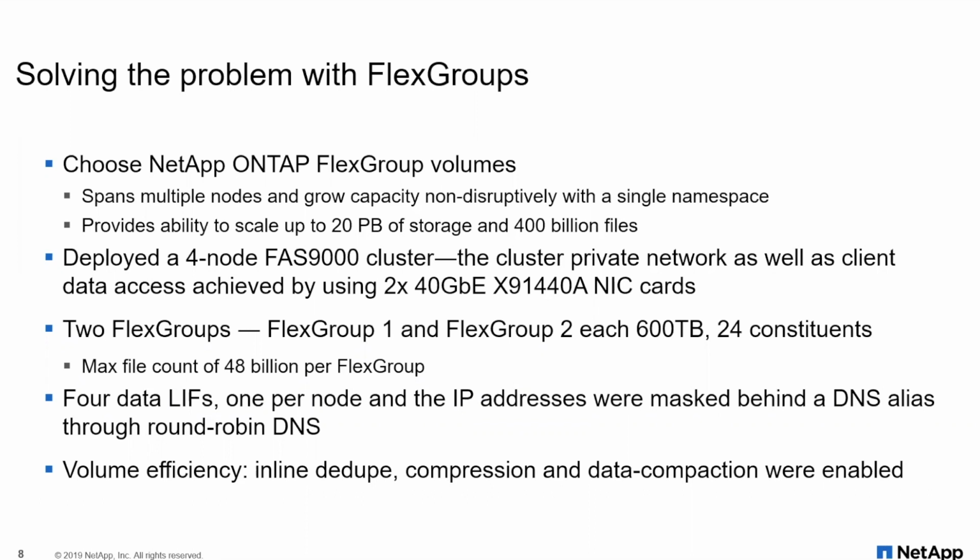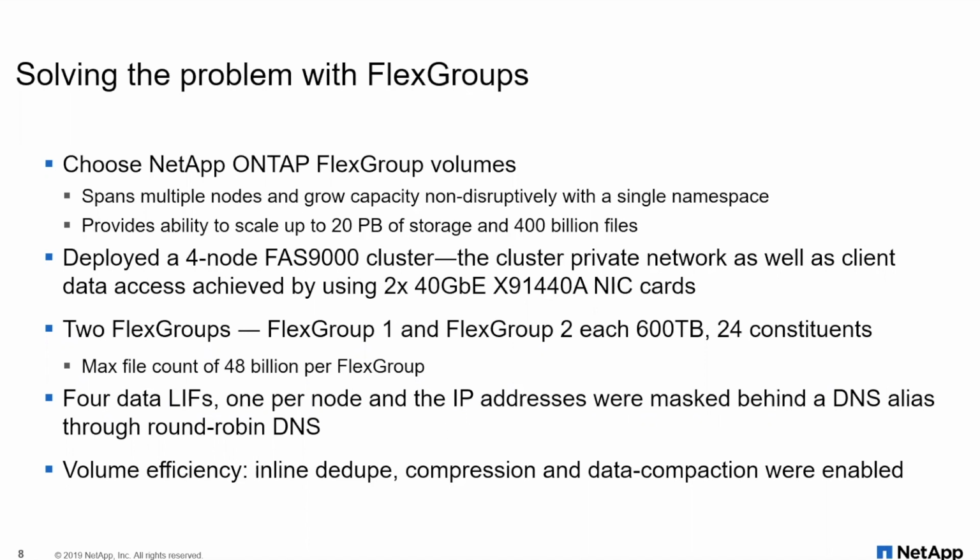Although there were other options, from a performance standpoint and what was best suited for ActiveIQ, we did a POC of the FlexGroup solution, and we figured that's the way to go.